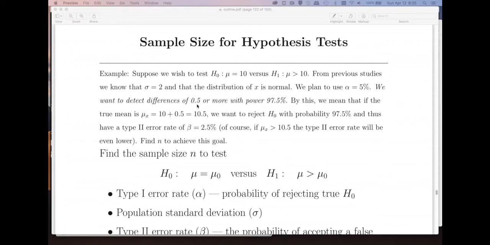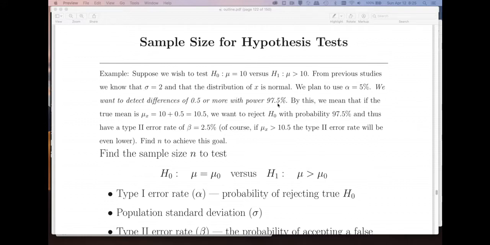If I'm interested in detecting much smaller differences than this, then my sample size is going to have to be much larger. So let's just say the minimum difference that's practically meaningful to me in this problem is a half. And I'd like to be able to detect that with a power of 97.5%.